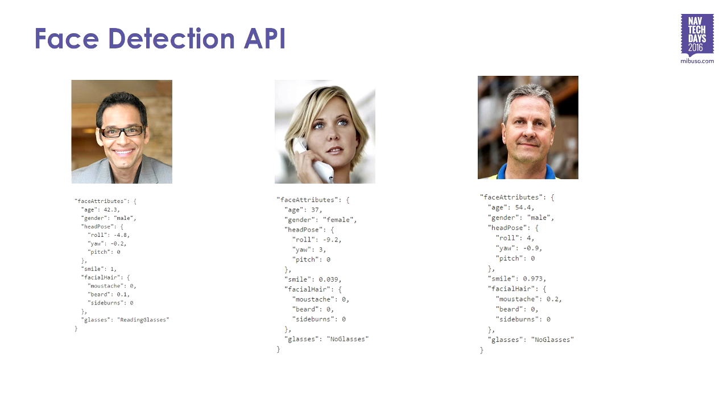So in this case, there's a guy here with glasses. The API says he's 42, probably. It's a male. He smiles. He doesn't have a mustache, doesn't have sideburns, very little beard, and he has reading glasses. So this is actually pretty good. A lot of things you could do with that.